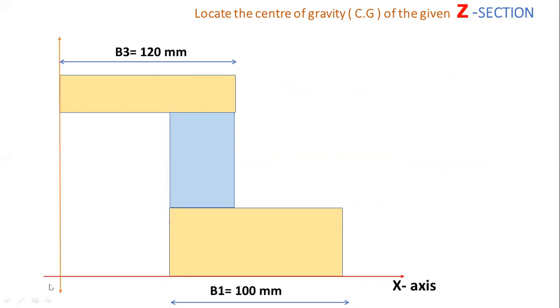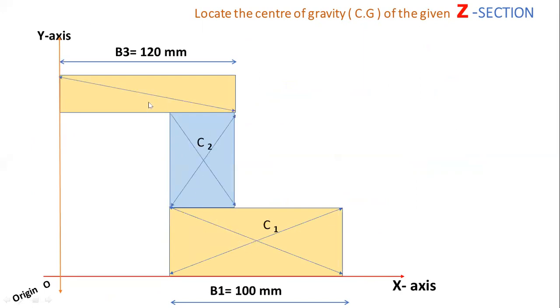Okay. So here, this is the origin. This is centroid C1, centroid C2, centroid C3. C1, C2, C3 are the individual centroids, whereas CG is the centroid of the entire Z section.